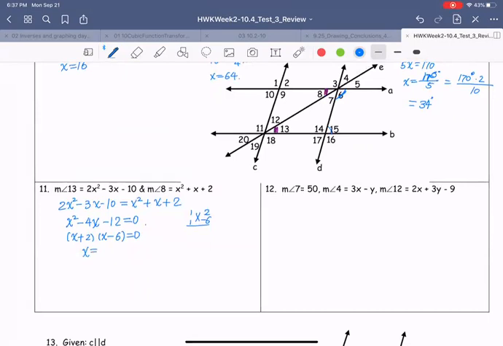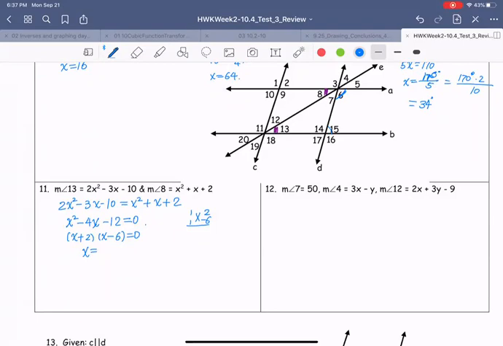After you solve this quadratic, what's your x value? I haven't solved it yet. All right, go ahead, check it and solve it. It was solved for x. X equals -2 or +6.